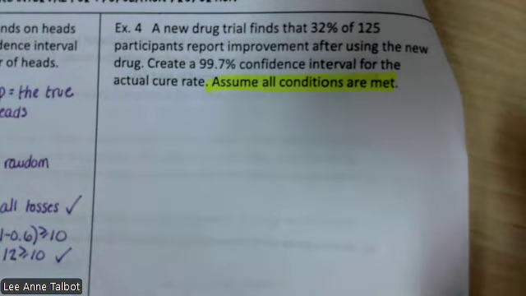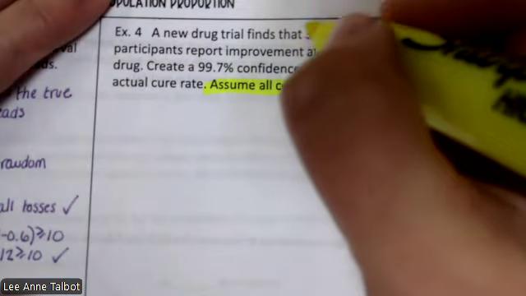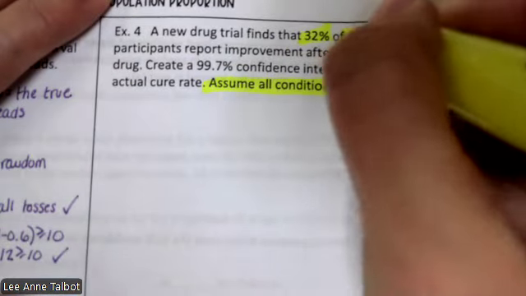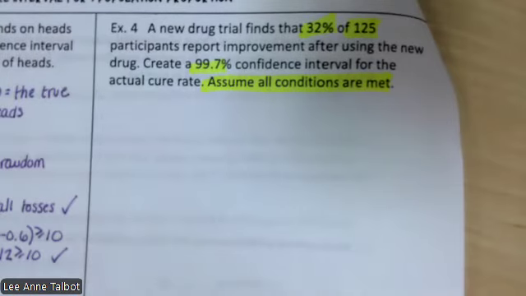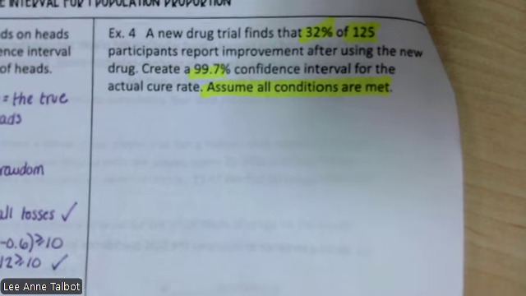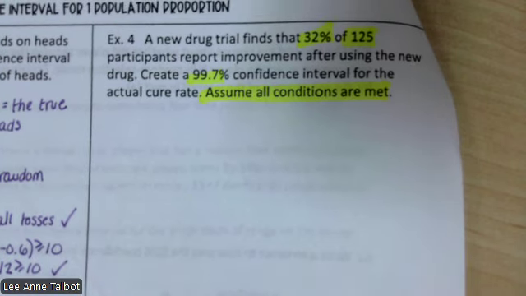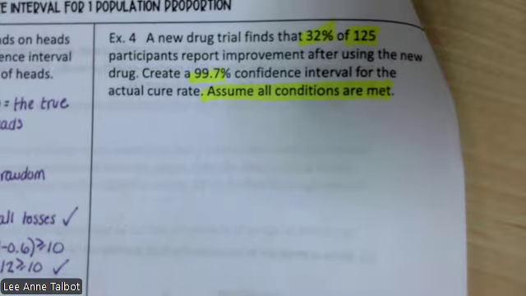But what else do I need? 32% of 125 and then 99.7 confidence interval. I think those are the other important things from that problem. It's exciting because if it says assume all conditions are met, you don't have to critically think about what type of problem it is, even though I did anyway, because I'm nerdy.